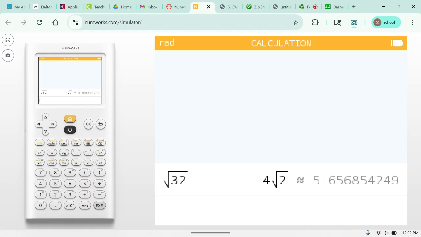It's called a NumWorks. So if you want to learn more about that, just come see me. But this is attached in Canvas. You can hit that link. It'll open up the simulators in modules under class info. It's just a good way to check yourself. So that's what we're going to do as we simplify these radicals. We're going to put it in NumWorks just to check ourselves.